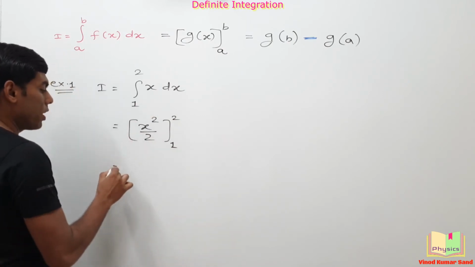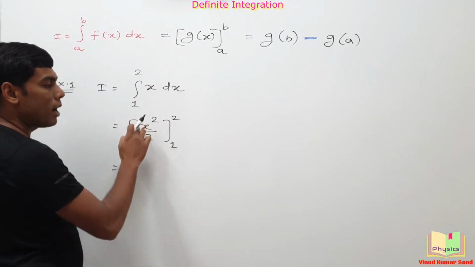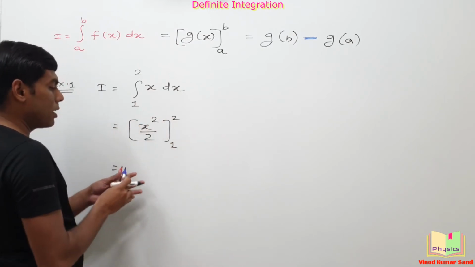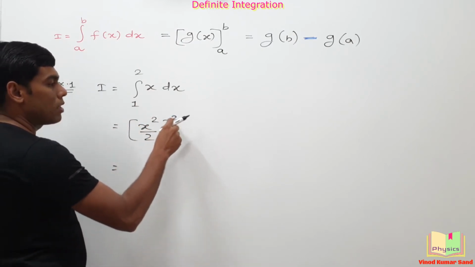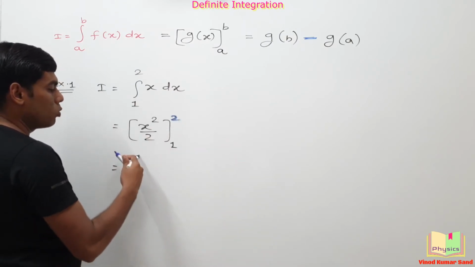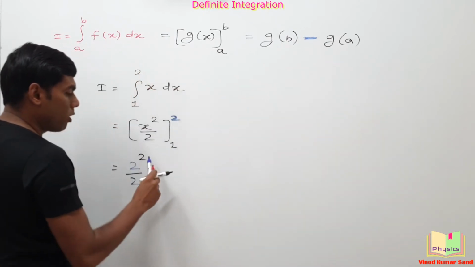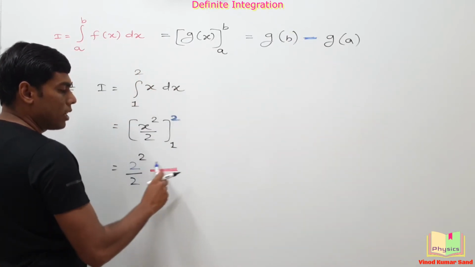Now how to simplify the limits? At the place of x, first of all, you will be putting up the upper limit. Upper limit was 2, so this will be 2 square by 2. Then there is a negative sign in the formula, so put that negative sign here.